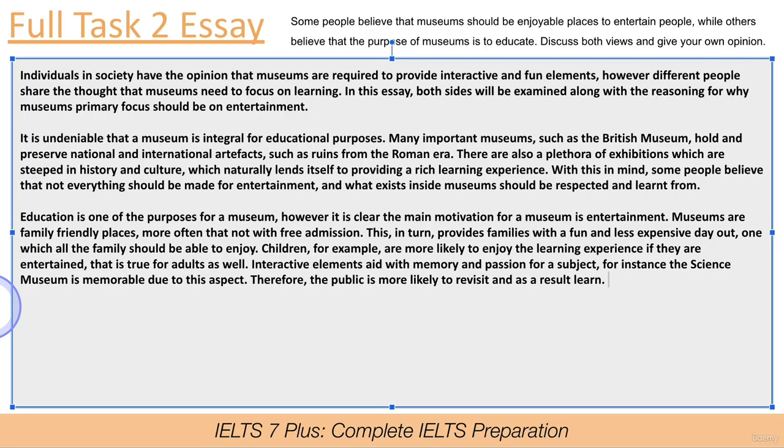Okay, let's write that actually. So if the primary purpose is to entertain, education naturally also happens, learning also organically happens.